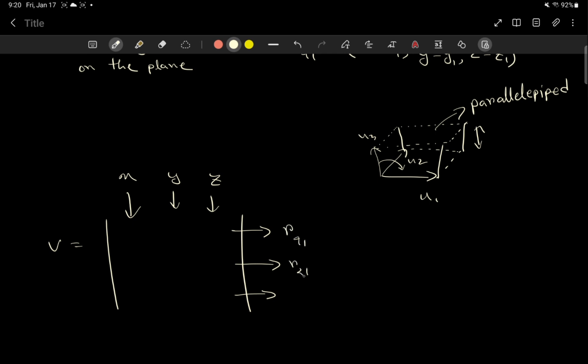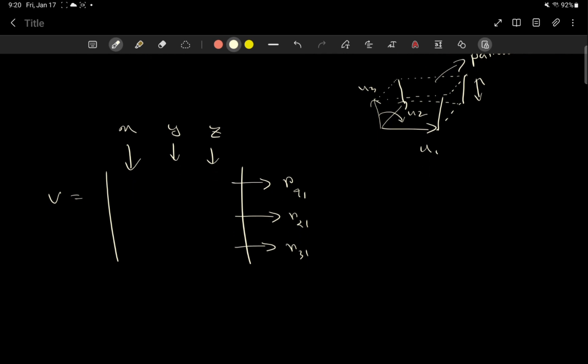R41, R21, R31, and we say they squish. If that thing squishes down to a plane, then it has no height, then the volume must be 0. That's our condition, because they are in a plane, so the volume must be 0.